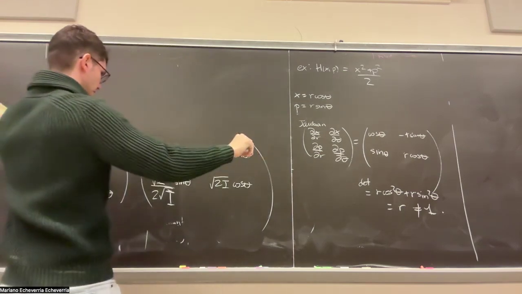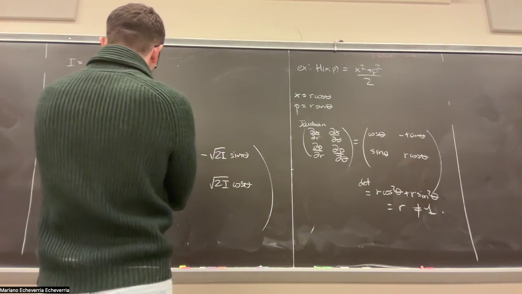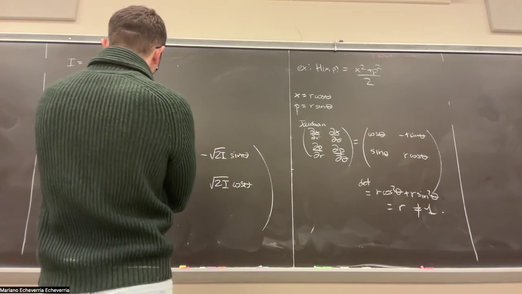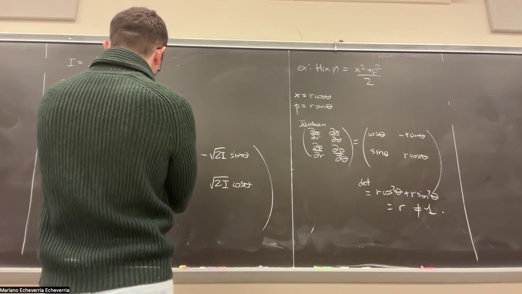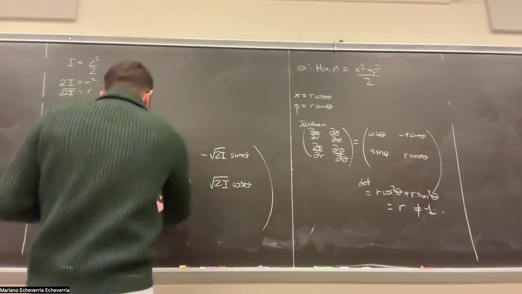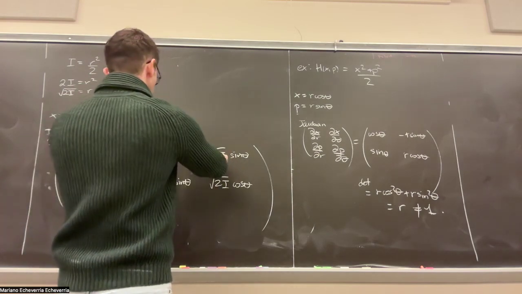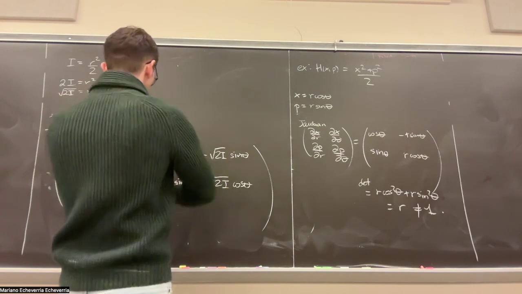Hopefully this works. Oh yeah, I think it does. That's the determinant of this. The root of I's cancel, and this root of 2 with root of 2 becomes 2.